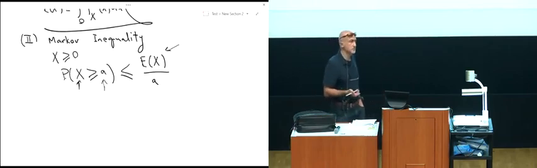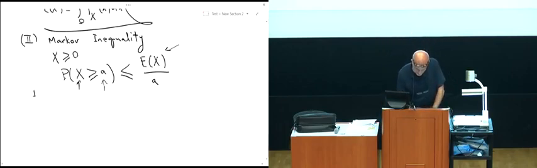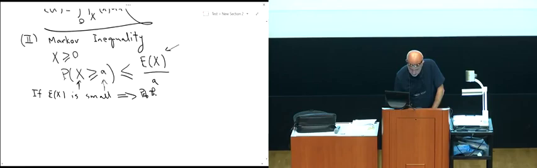Small. So if E of x is small, this is a qualitative interpretation, then the probability that x is large is low.